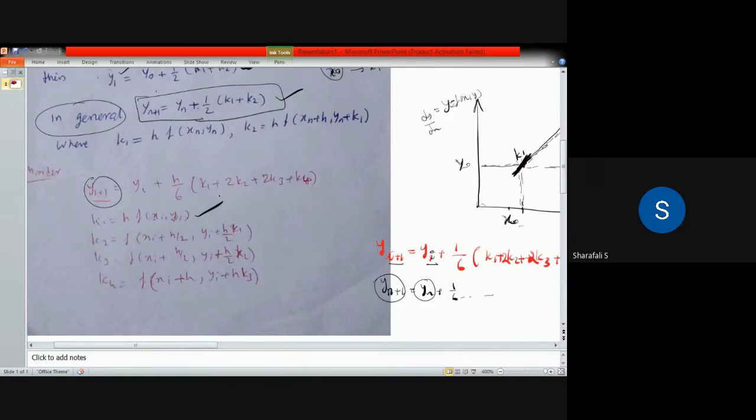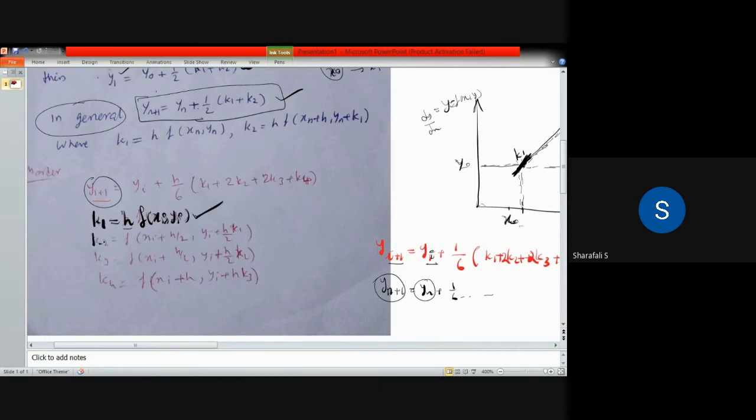Okay, so this is the equation for k1. This k1 is h times f of xi comma yi, the known points. If you know the slope, multiply that with h, you will get k1, similar to the previous example with the second order Runge-Kutta method.